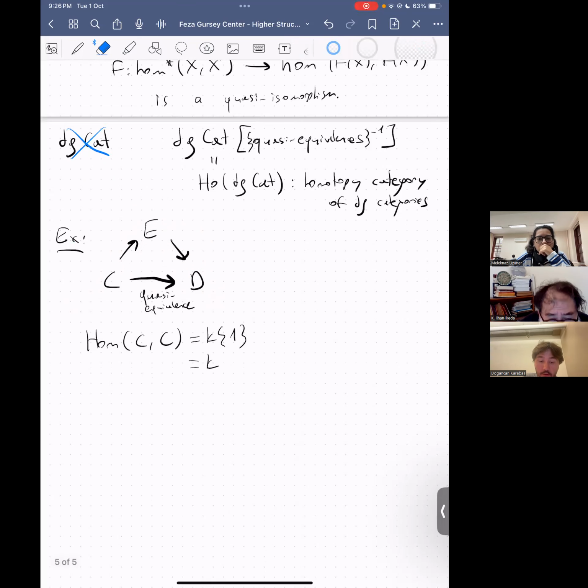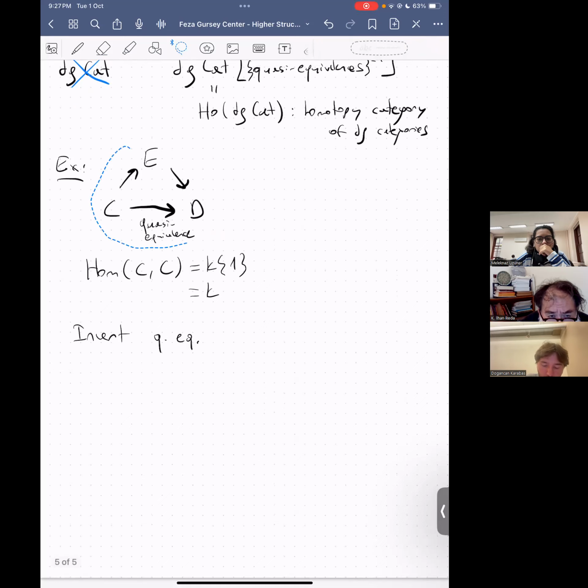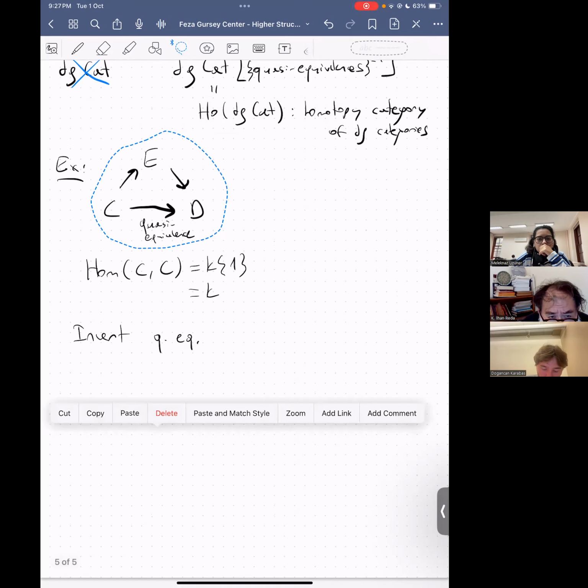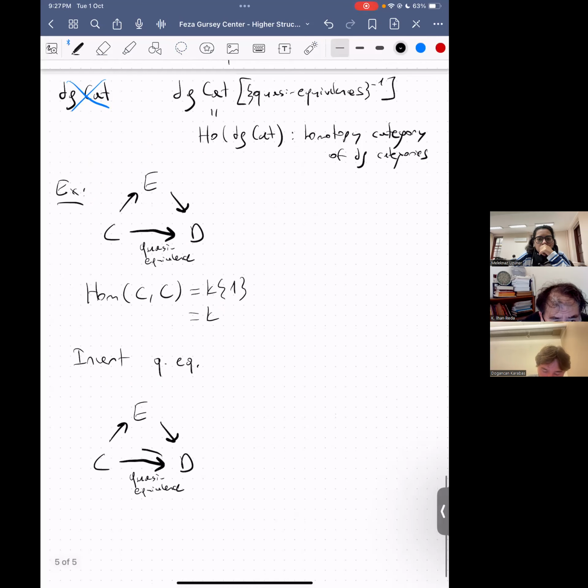And now let's invert quasi-equivalences. What happens? Inverting is a process where you add the inverse of that arrow, although actually there's no inverse.